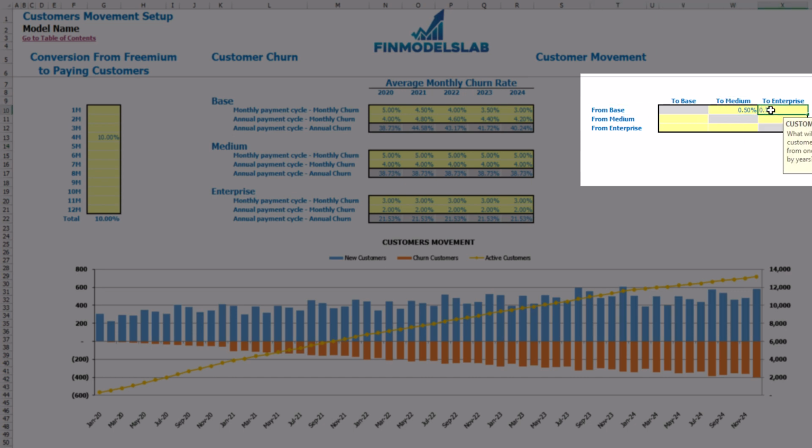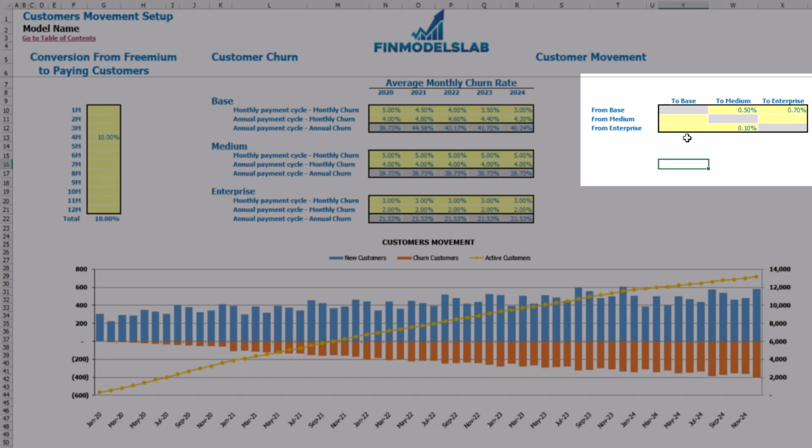So 0.7% will upgrade to enterprise. The same idea applies to medium and enterprise offerings. For example, if you want to downgrade some of your enterprise customers to medium, you can put 0.1. This means that 0.1% each month will downgrade from enterprise to medium.